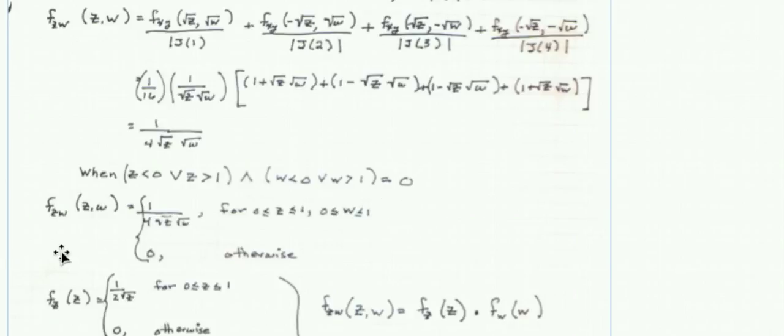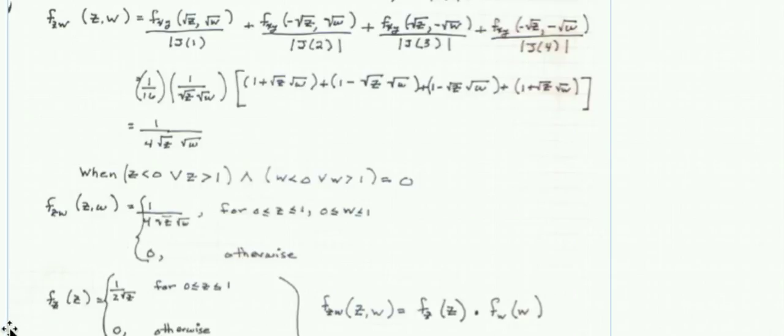We have f of z, w equal to 1 over 4 the square root of z times the square root of w. In this instance, the constraints are that z is greater than or equal to 0, likewise w, and it is 0 otherwise.